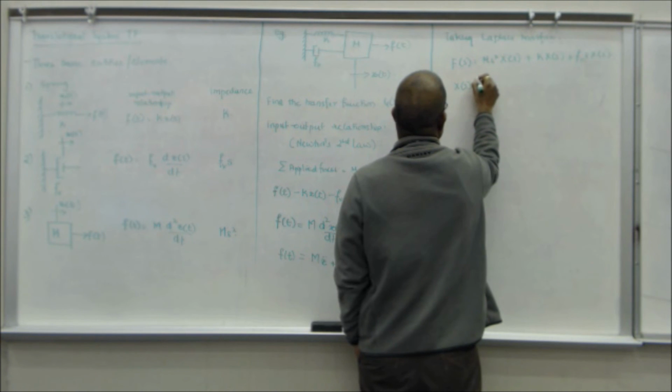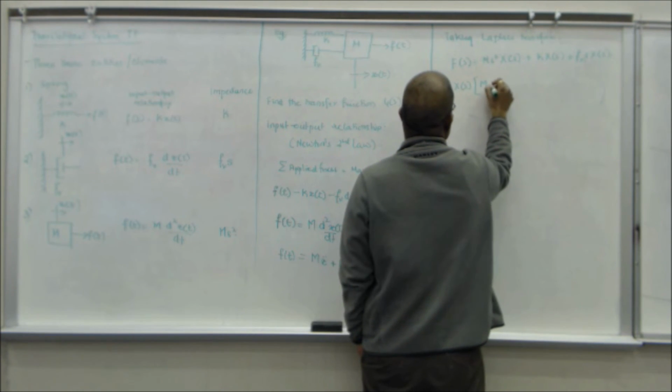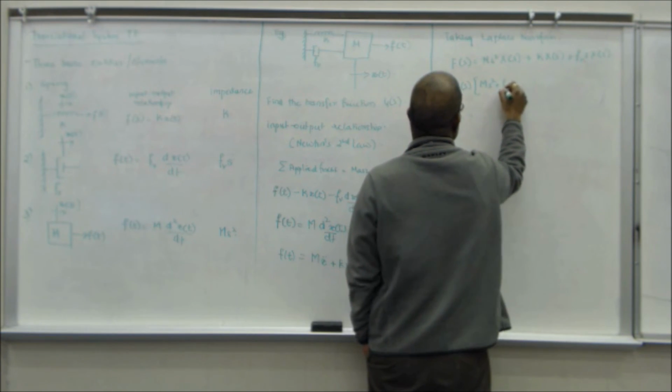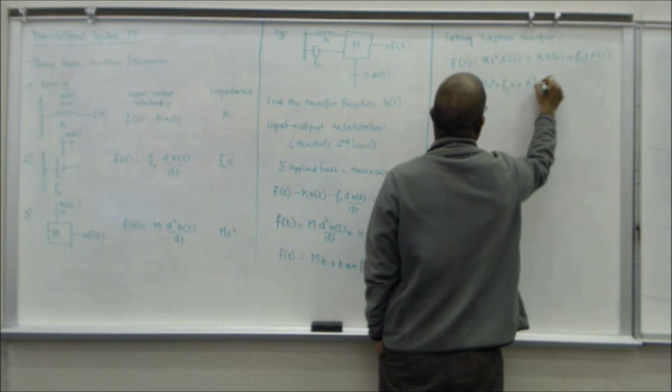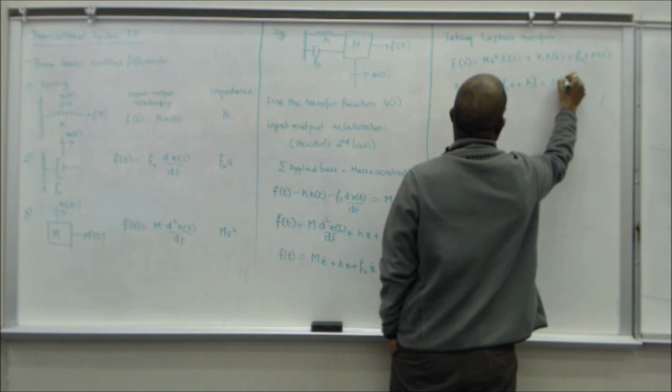So x of s times (m s square plus fv s plus k) is equal to f of s.